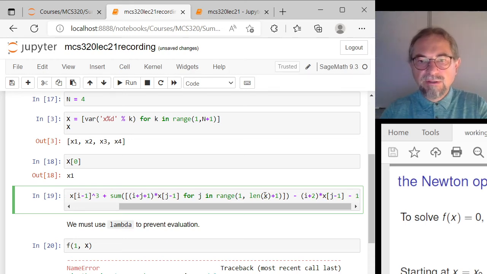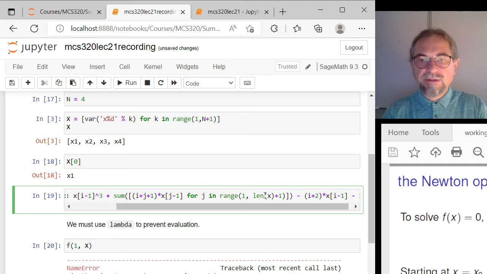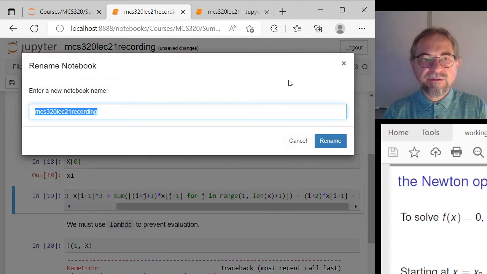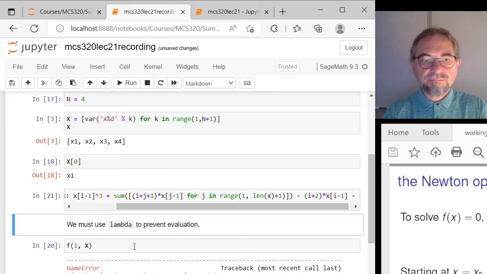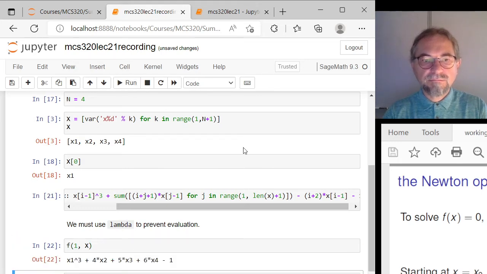So the term that I'm skipping is the ith term. Okay, so it works for i equals 1.